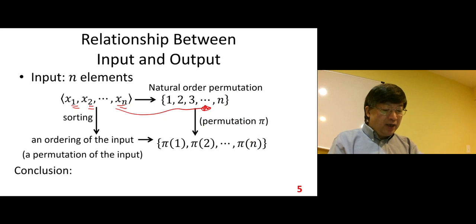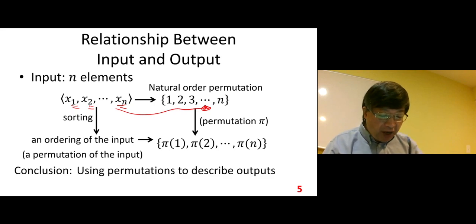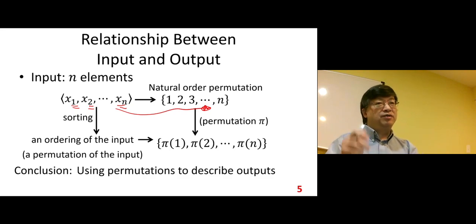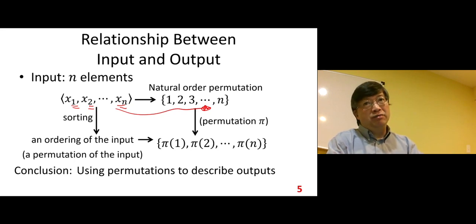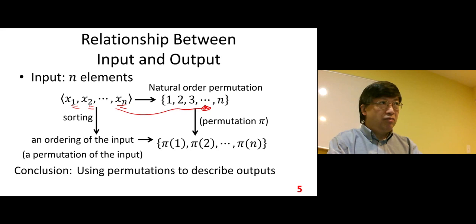Based on that abstraction, we need to get some conclusion using permutations to describe outputs. Can we use permutations to describe outputs? If you do not do this abstraction and just look at the output directly, you may not see some important information.